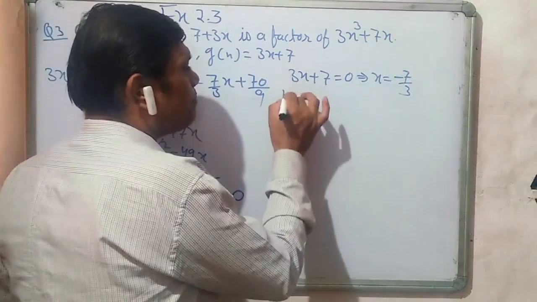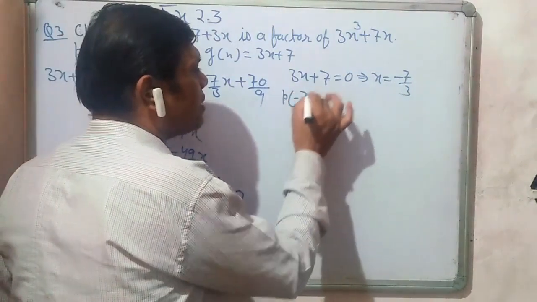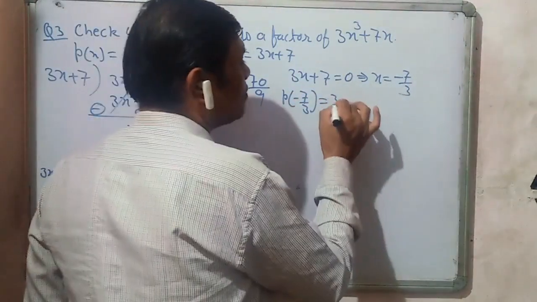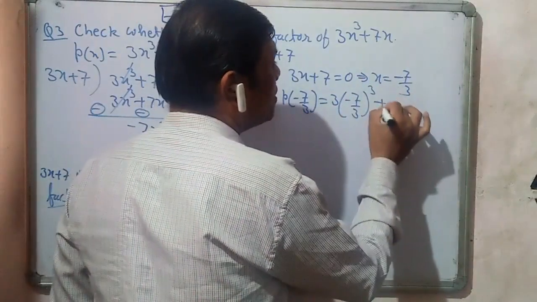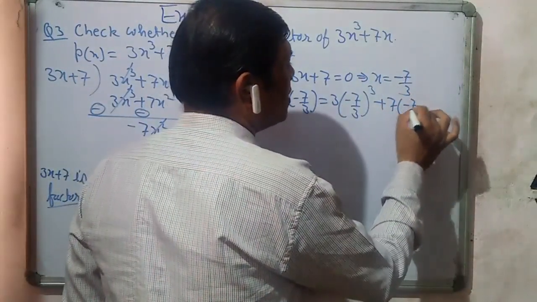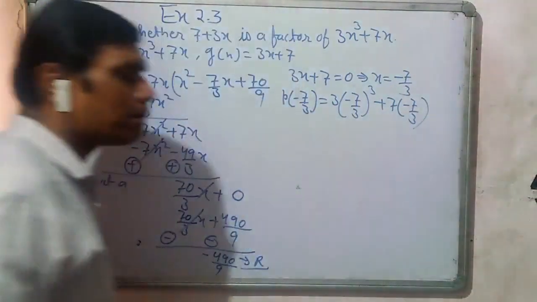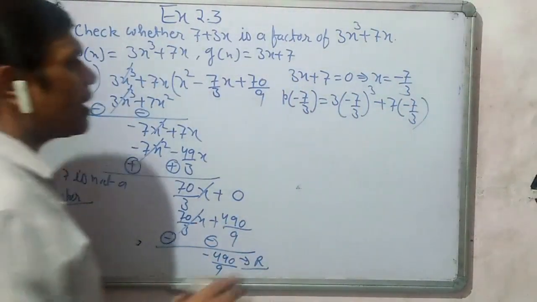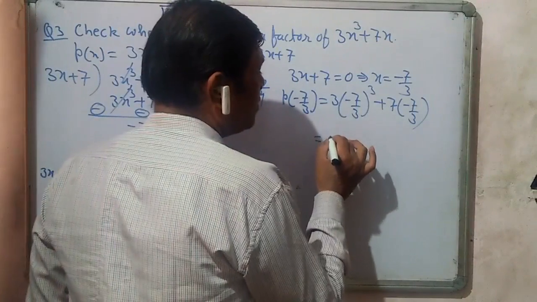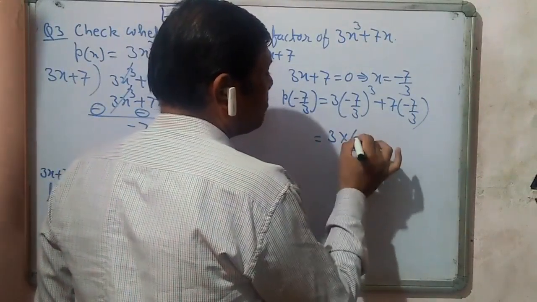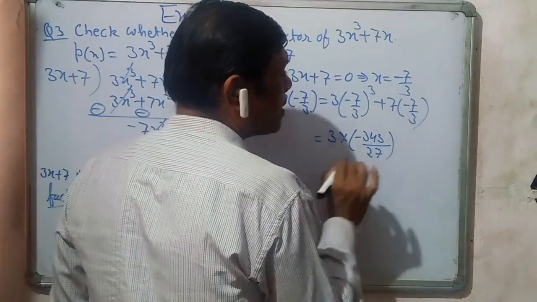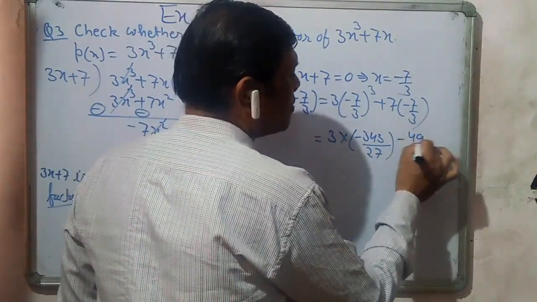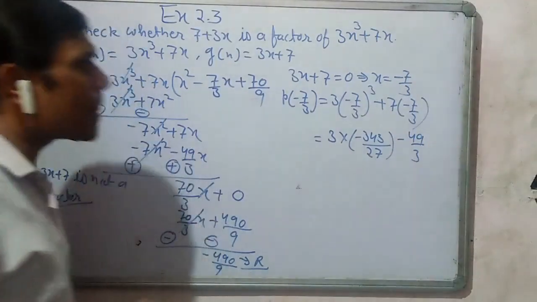P of minus 7 upon 3 is 3 into minus 7 upon 3 whole cube plus 7 into minus 7 upon 3. Right? What we get? 3 multiplied by minus 343 upon 27, minus 49 upon 3.